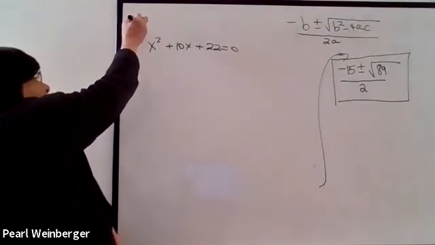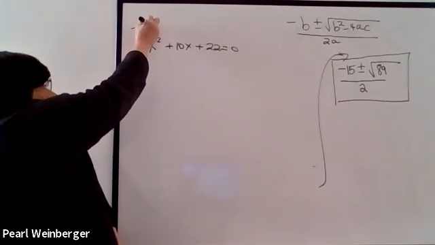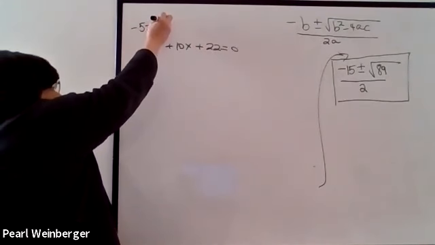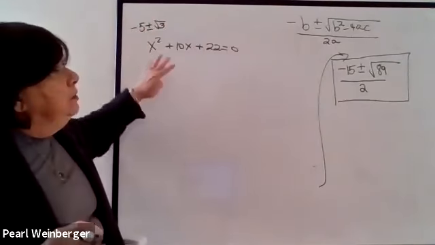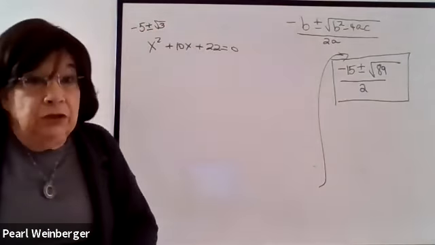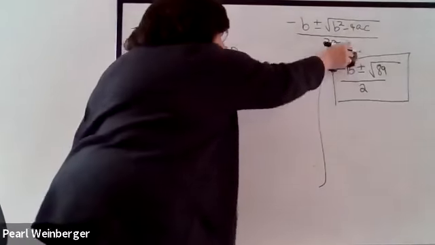The answer that we had gotten using the completing the square method was -5 plus or minus the square root of 3. I want to show you that using the formula, you will also get this exact same answer.